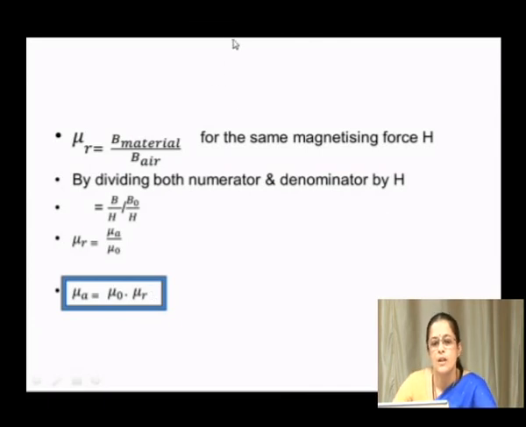Okay. So, here you can see, consider this equation, mu r is B material by B air.